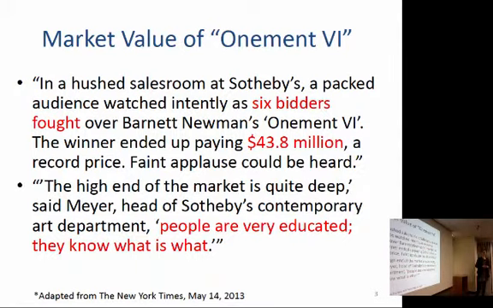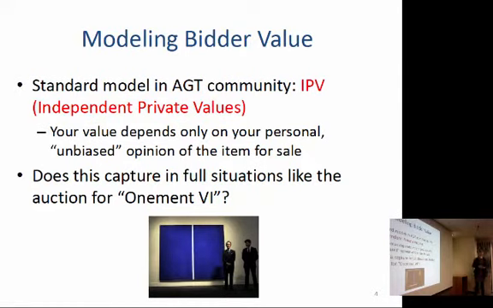So here's a quote from the guy at Sotheby's who ran this auction. People are very educated, they know what is what. And this kind of leads me to the subject of the talk. In the AGT community, not so much in econ, we usually look at independent private values as the model for bidder values.